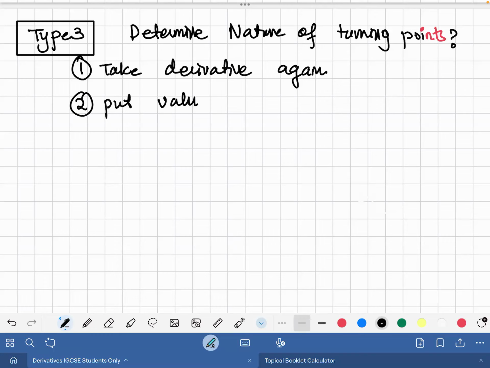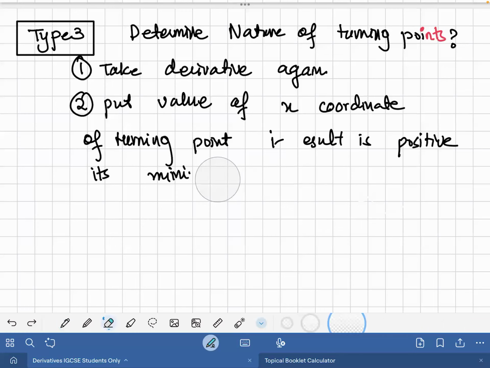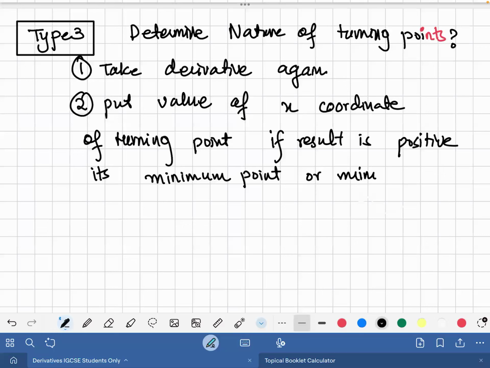Okay, determine the nature of turning points. Take the second derivative. Take the derivative again. This is type 3. Put the value of the x coordinate of the turning points. If the result is positive, it's a minimum point or minima.